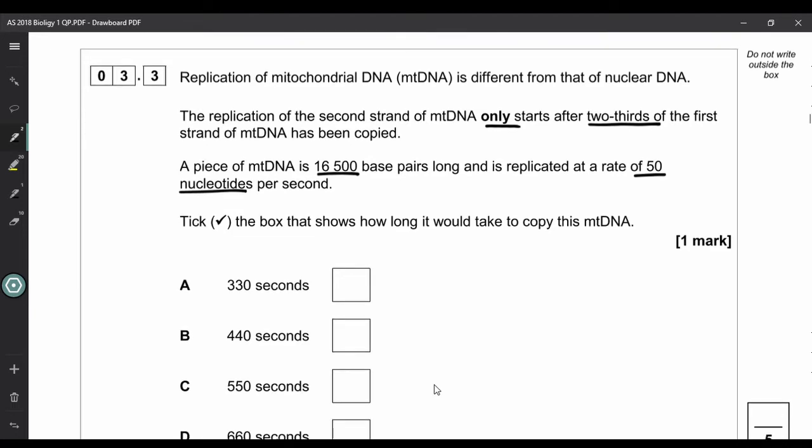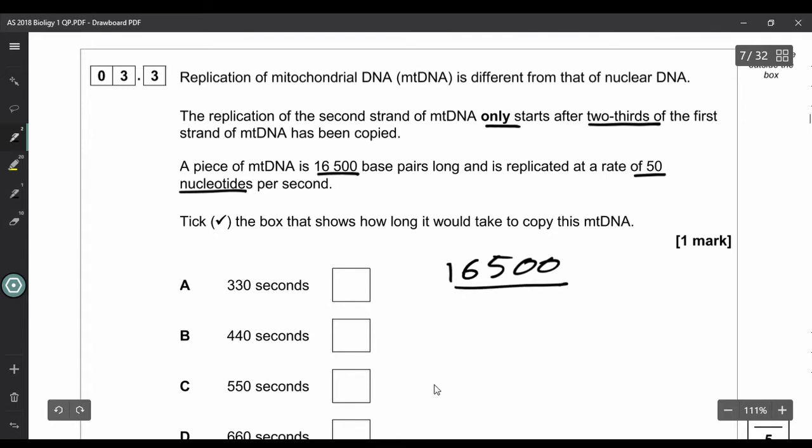So we've been told before we can start replicating the second strand, we've got to do 2/3 of the first. So we know it's 16,500 long, and we've got to find what 2/3 of that is. So if we multiply that by 2/3, we get to 11,000.